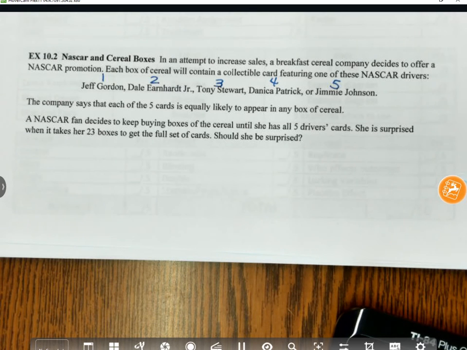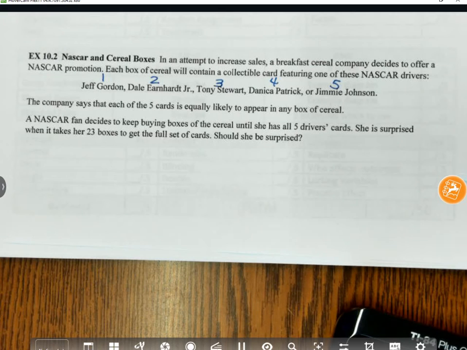Okay? So what I'm going to say is, I would assign the digits 1 through 5 so that they represent like this. And I'm going to use a random number generator where each number is a cereal box, and I'm going to go until, that's a very important thing, go until I have one of each of those numbers. I need a statement in there about repeats.